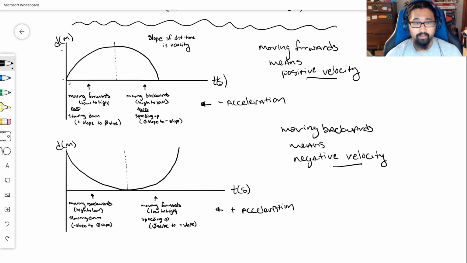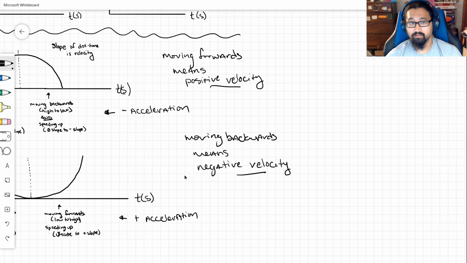If you see a curved shape on the distance time graph, that means you have an acceleration. If it's a sad face, frowny, that means your acceleration is negative, and it might seem silly, but that's a connection you can make. If the shape of your graph is a frown, that means you have a negative acceleration. Now that's true even if you can only see half the graph.